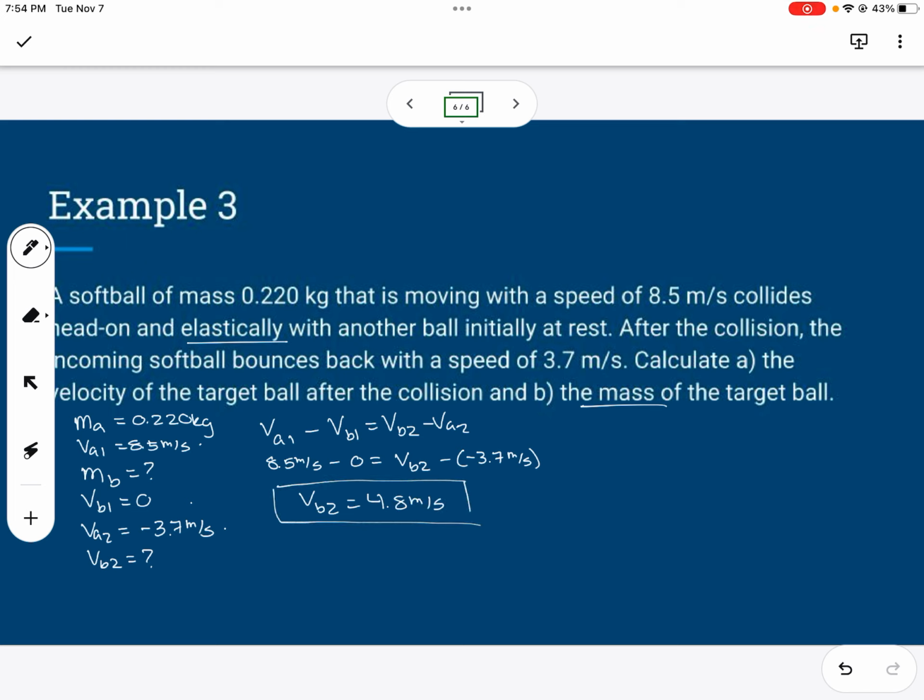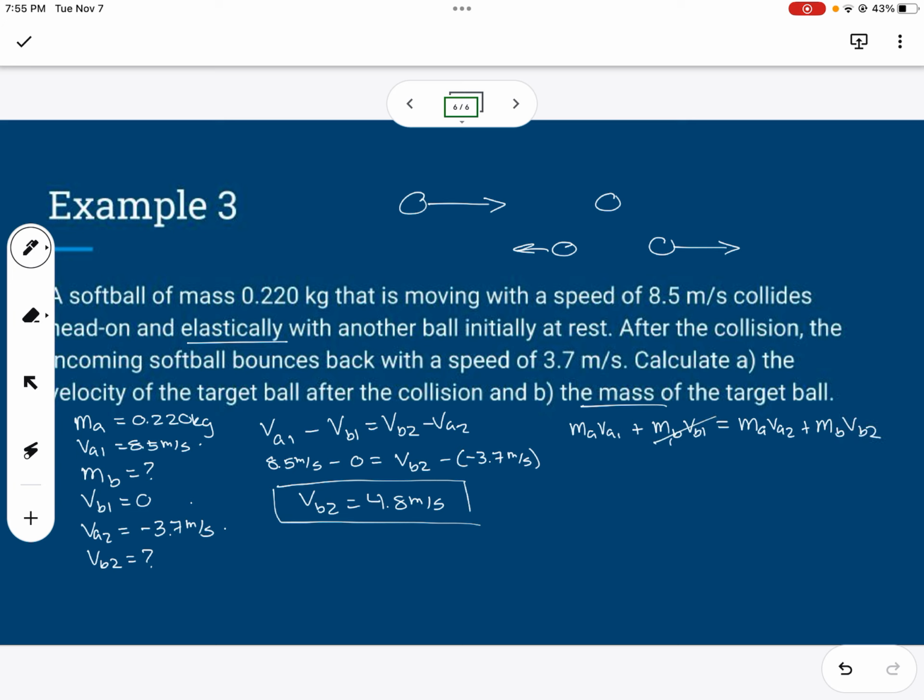That's going to be the velocity of the target ball. So remember, something was being thrown at another object at rest. And then after that, this object is going to keep on going. This object is going to bounce back. Now that we know that velocity, we can use our conservation of momentum equation to calculate that second mass. So MAVA1 plus MBVB1 equals MAVA2 plus MBVB2.